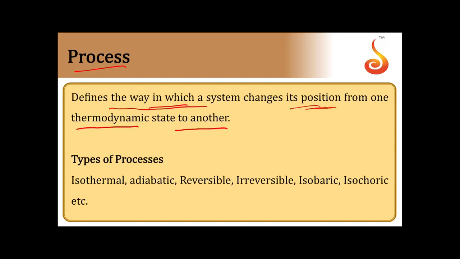Now we have different types of processes. They are isothermal, adiabatic, reversible, irreversible, isobaric and isochoric processes. Let us take the different types of processes now.